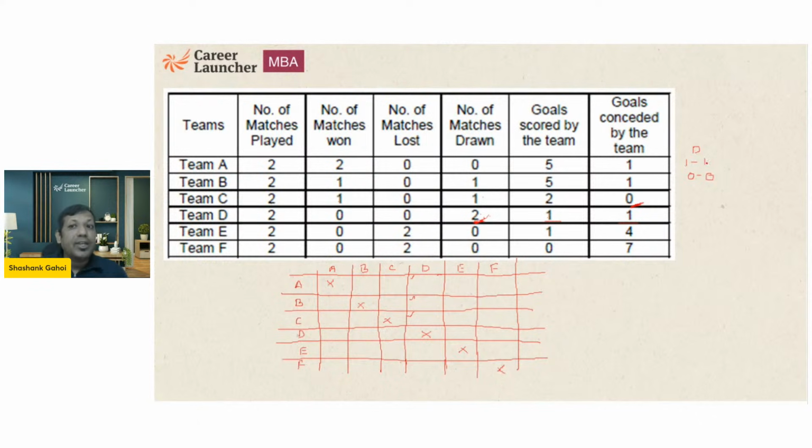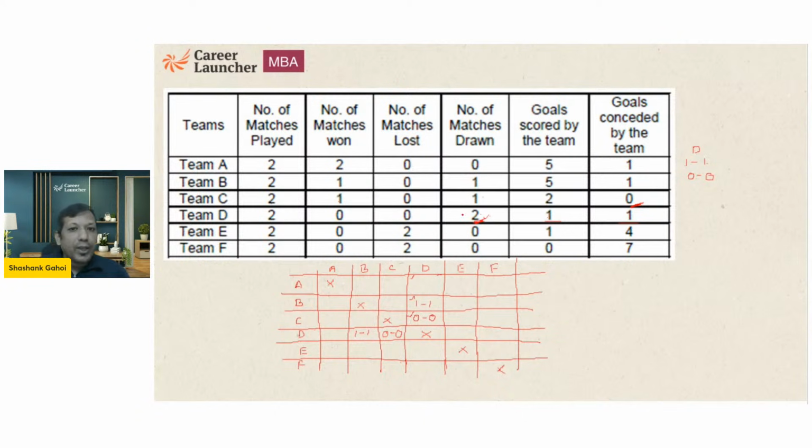It means 1-1 cannot be a scenario between C and D. So between C and D, it is going to be 0-0, and between B and D, it is going to be 1-1. So D and B is 1-1, and D and C is 0-0, and this is what I know so far.